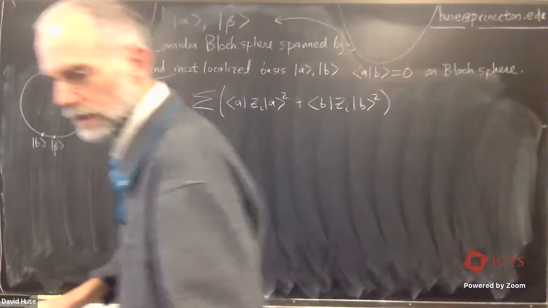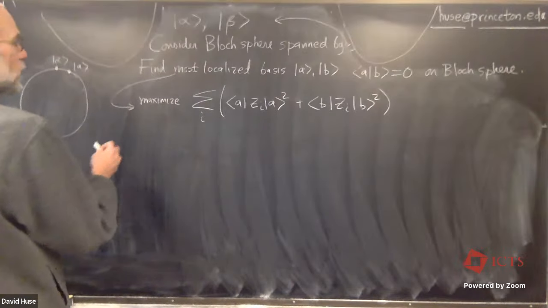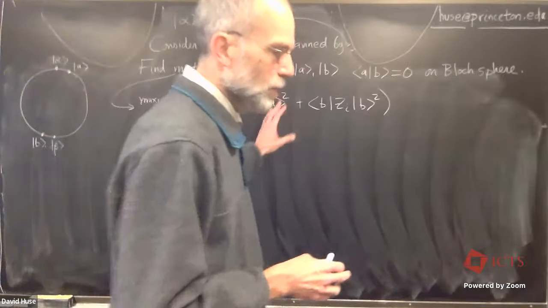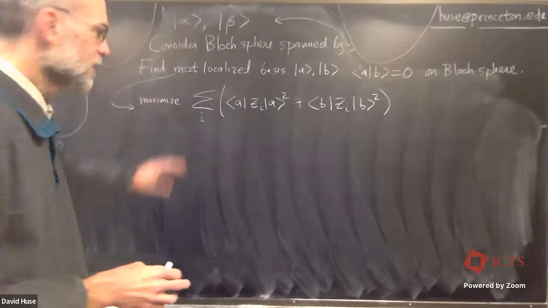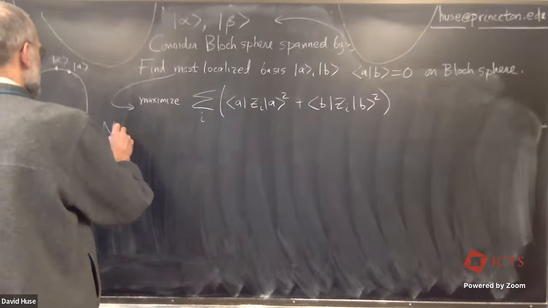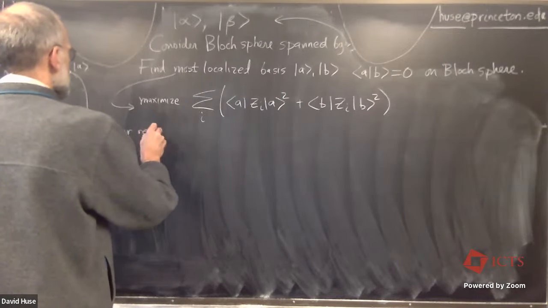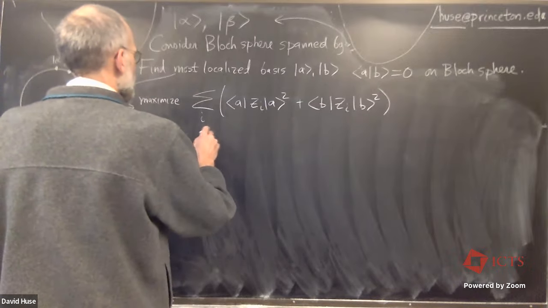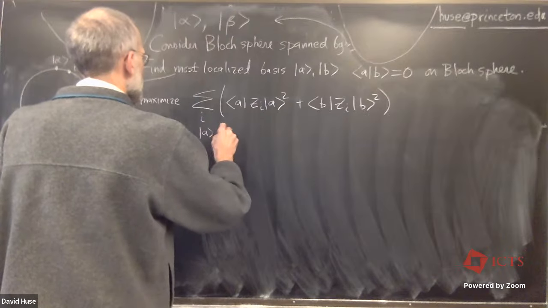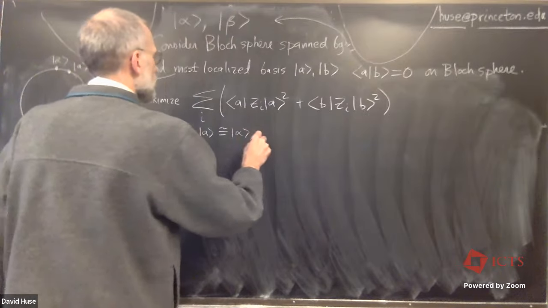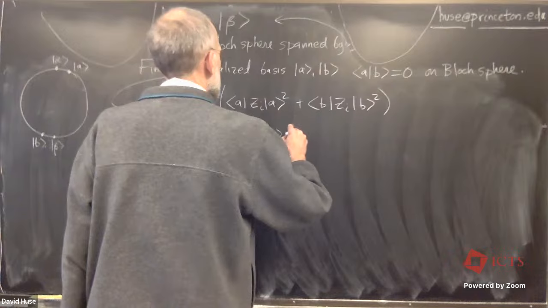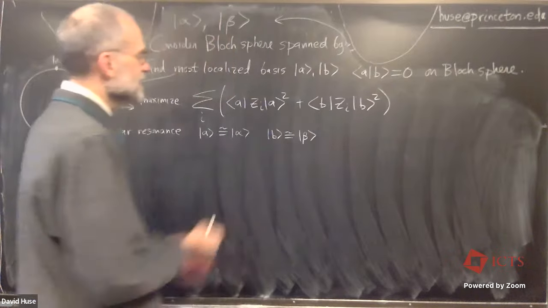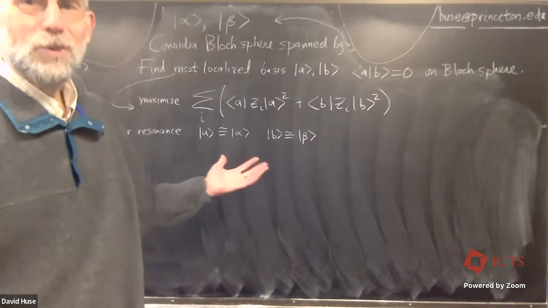Okay, now what happens if we're in the MBL regime? Most of the time you don't find a resonance, you just find a near resonance. Near resonance means A is approximately alpha and B is approximately beta, meaning the eigenstates are about as localized as you can get.